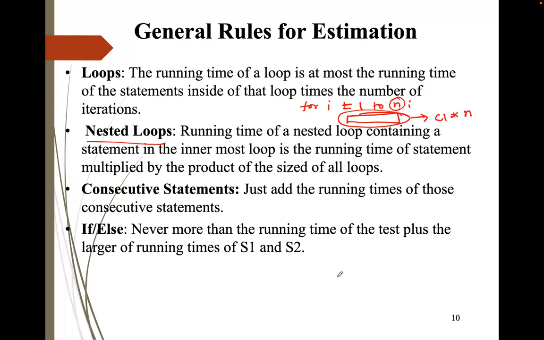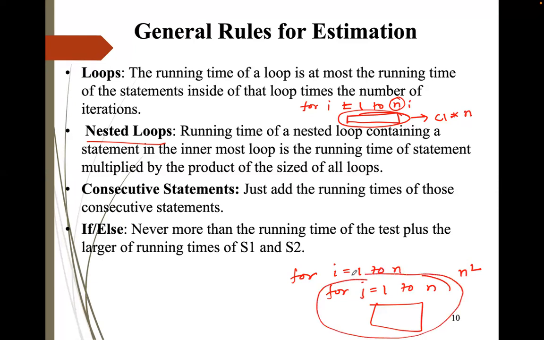If we have something like for i equals 1 to n, and inside that we have for j equals 1 to n, you can see that the runtime will be proportional to n square, because the outer statements are executed n times, but the inner ones are executed n square times.